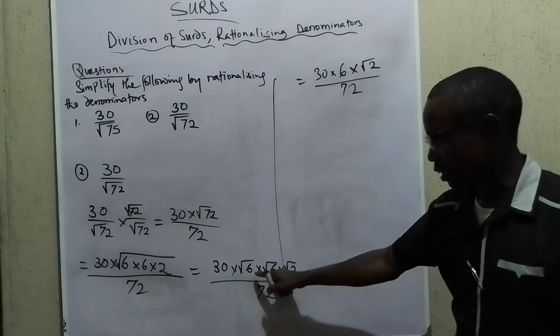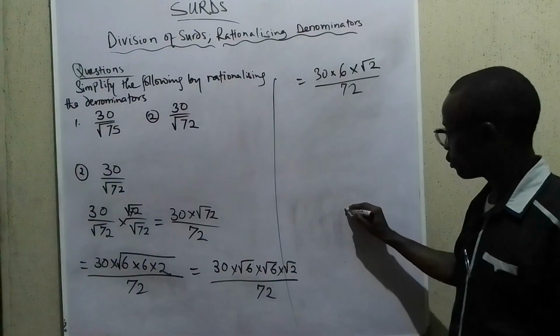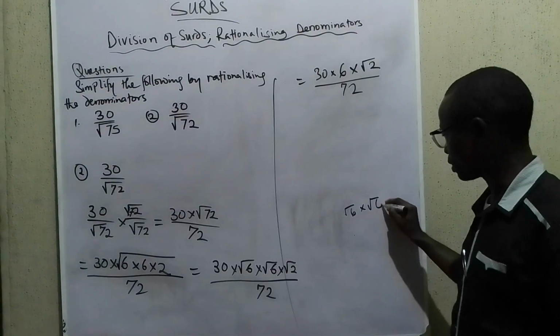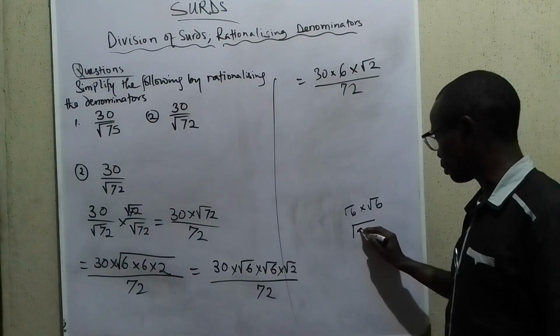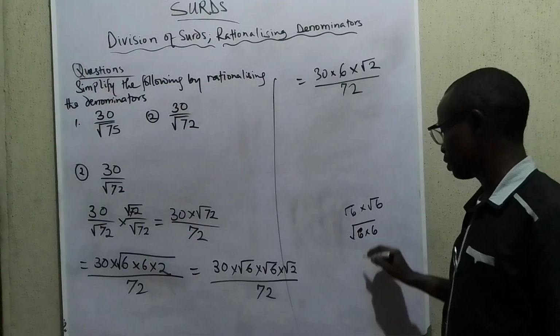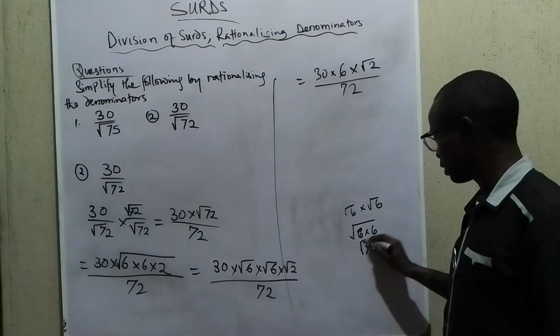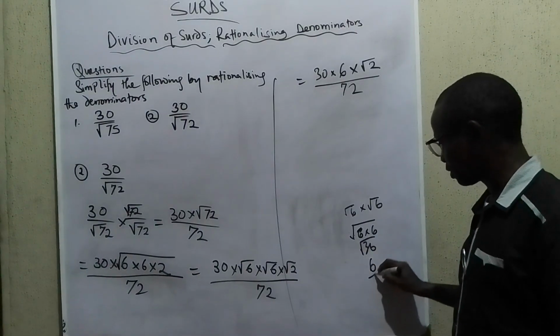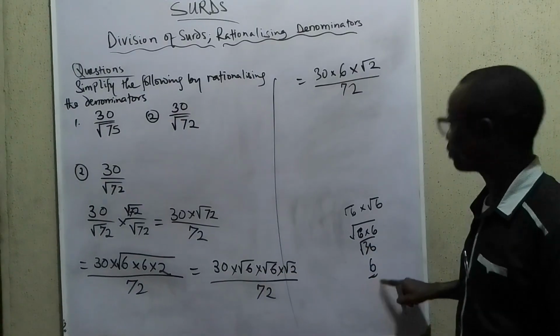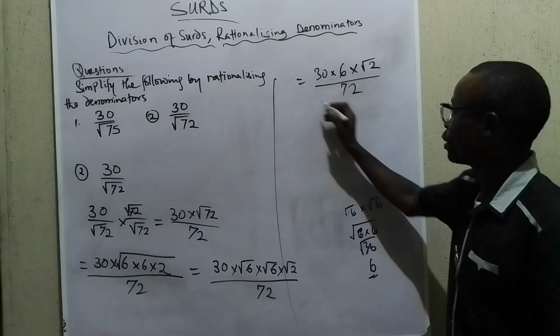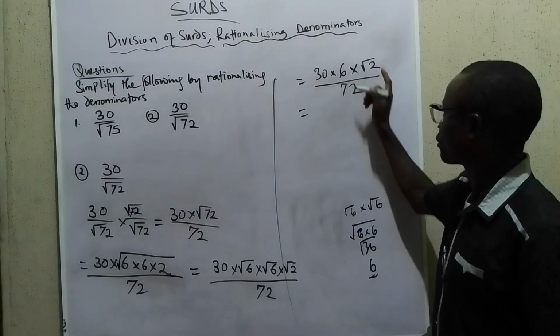In case you don't understand, let me pick here again. This means the square root of 6 times the square root of 6. If you put it together, it's like saying 6 times 6, which is 36. So what's the square root of 36? 6. So this has become this 6, right? So let's go. 30 times 6 times the square root of 2.